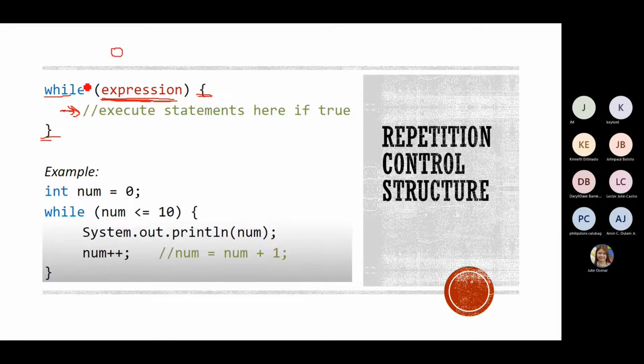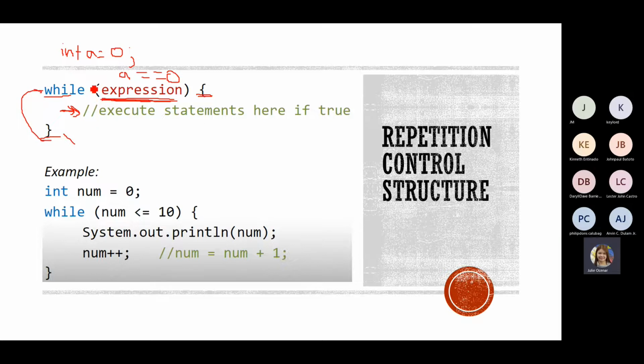Tapos, ang expression mo dito, like for example, this is int, pangalanan natin ng variable, halimbawa lang a. Int a equals 0. Tapos, ang condition mo dito is if a is equal to 0. And then, here, wala kang way na mag-increment or decrement ng 0. So, magkakaroon yan siya ng infinite loop.